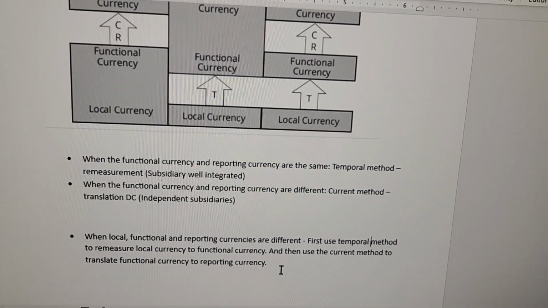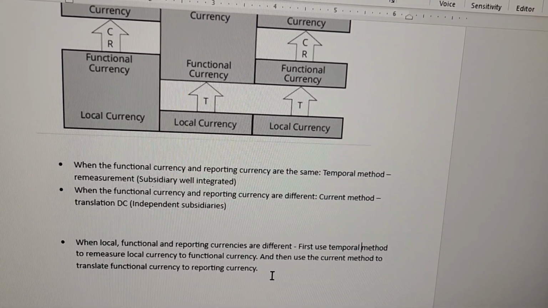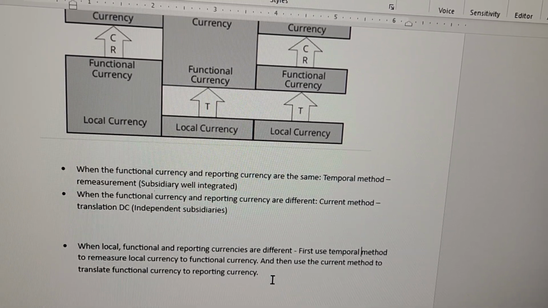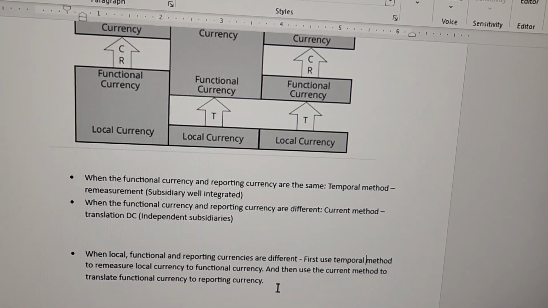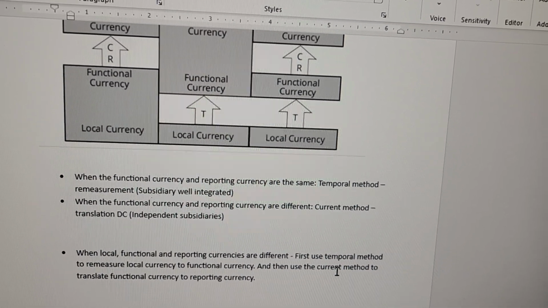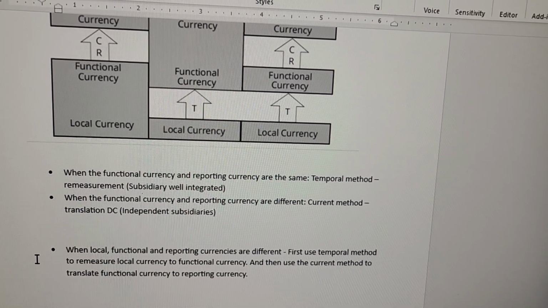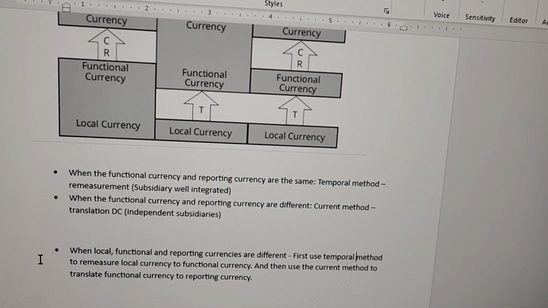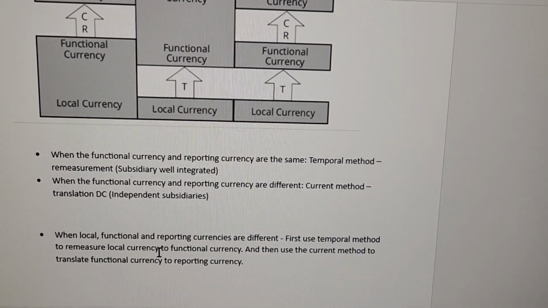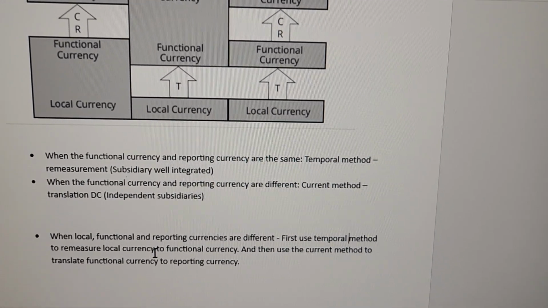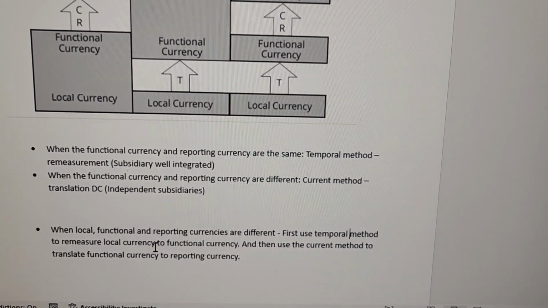So suppose that there's a US-based parent company and then they have a subsidiary in the UK and they're selling in pound, but the US company determines that the functional currency is the euro.